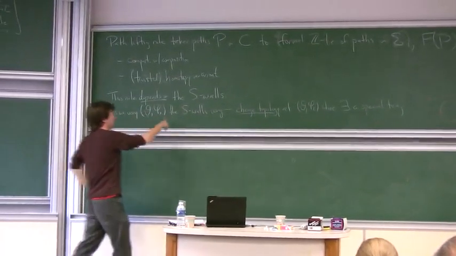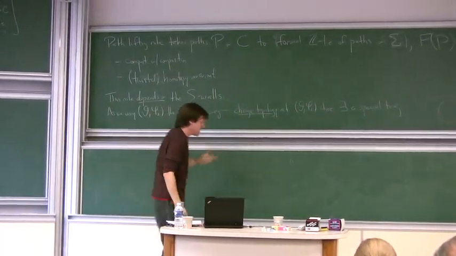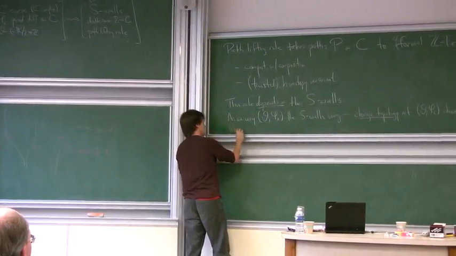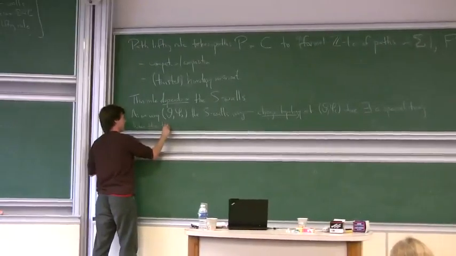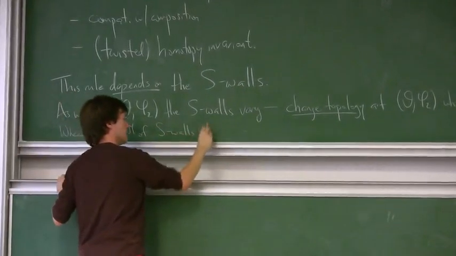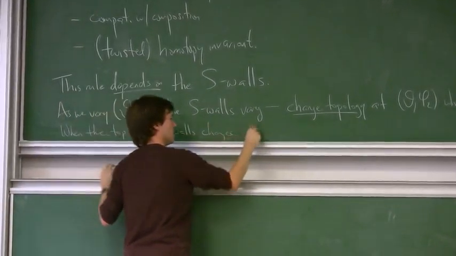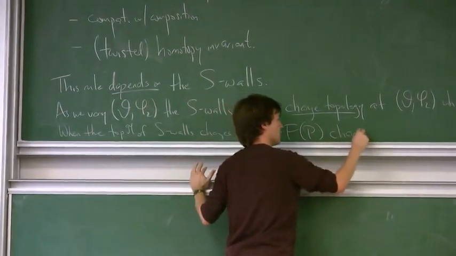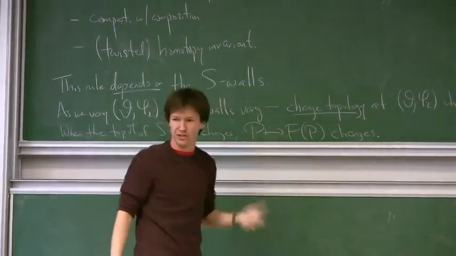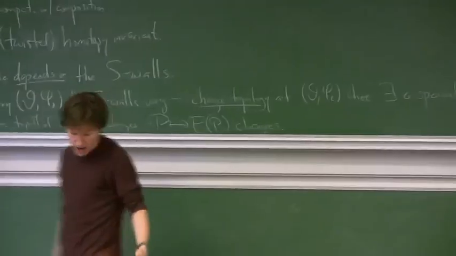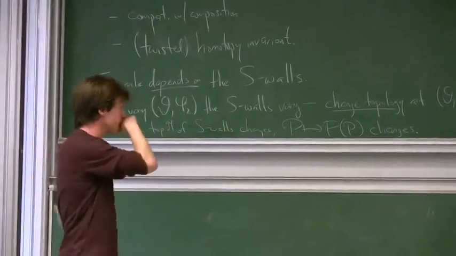But to be specific, at the moment when the topology of the S-walls changes, this path lifting rule will also change. And it's by studying that change that we're going to discover the K.S. wall crossing formula.